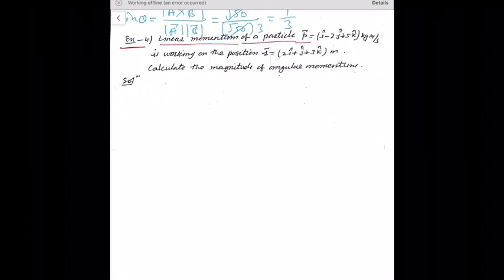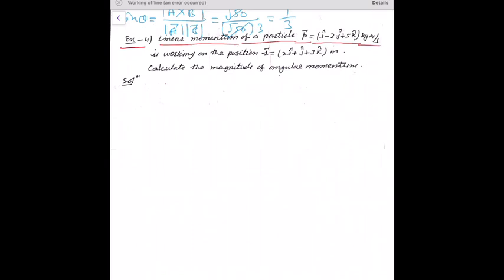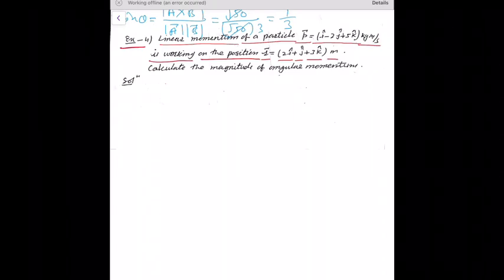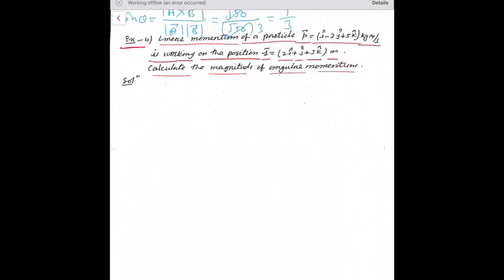Example 4. Linear momentum of a particle p vector is equal to I cap minus 2 j cap plus 5 k cap kilogram meter per second is working on the position r vector is equal to 2 I cap plus j cap plus 3 k cap meter. Calculate the magnitude of angular momentum. So we know that L vector is equal to R vector cross P vector.